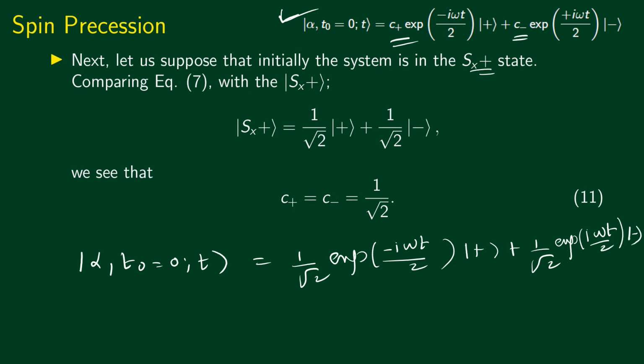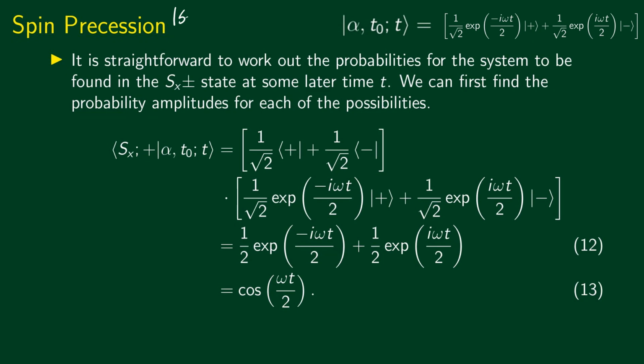So if we start with the state ket Sx plus, it will evolve at a later time to a state given by ket alpha, t0 at time t. The expression for that state is given here. Initially, if you made a measurement of the observable Sx, the x component of spin, on this state, you would be sure to get plus h bar by 2 because this is an eigenket of the operator Sx.